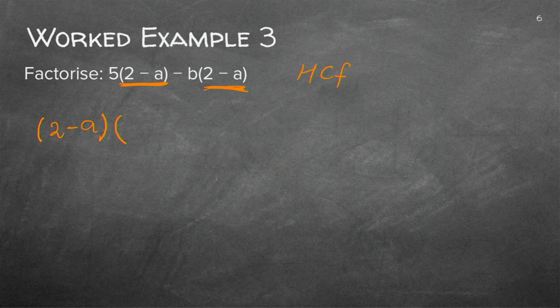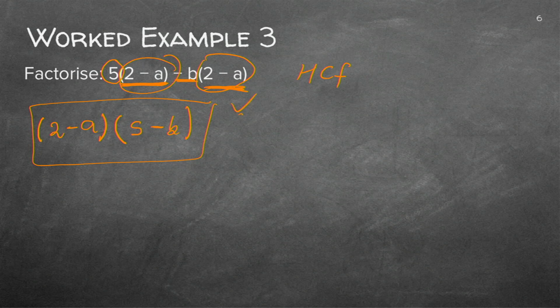So I will have left 5, since this one is gone. And what else is left? You are left with minus b if this whole thing is gone out there. So you are going to write this as minus b. And you are done there, guys.